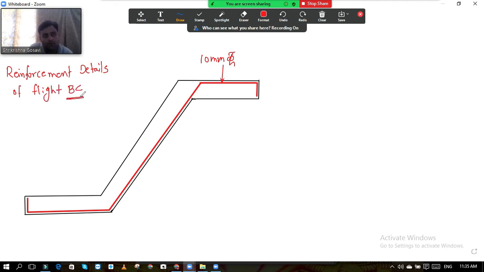We are doing this for flight BC. So for flight BC, 10 bar about, what was the spacing? I think 110 something, no? Or less spacing was there. 10 bar about 60 or 100 center to center. What was the spacing? 110.